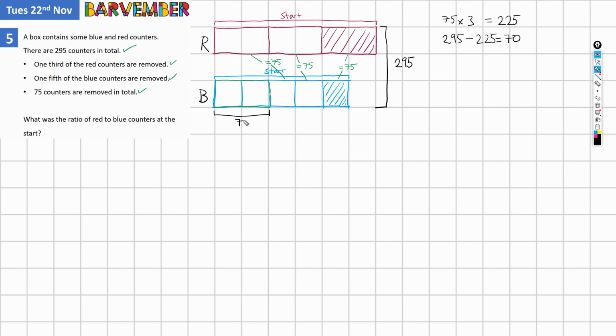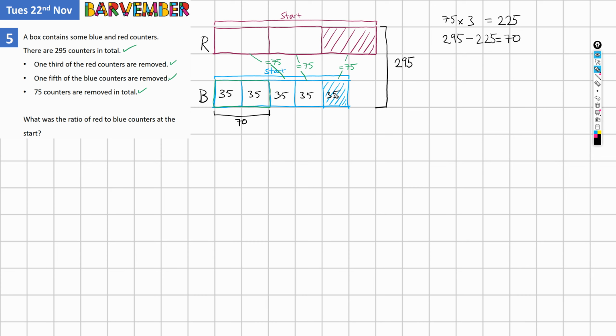Okay, that is the value of these 2 pieces here. This is 70. And if 2 of them are 70, then each of them has to have a value of 35, because 70 divided by 2 is 35. So all of these are 35. I don't need to fill them all in, but there you go. Right, what can I do now?